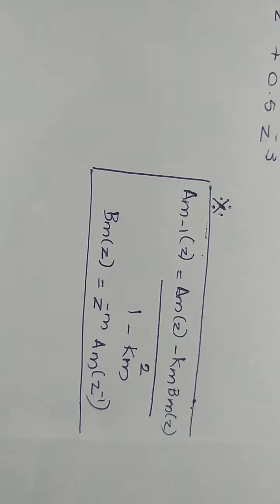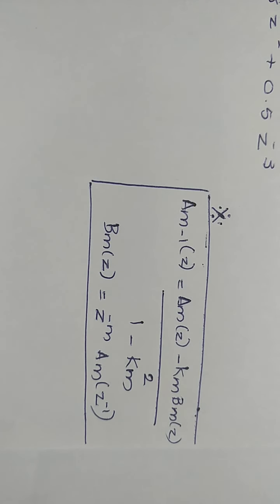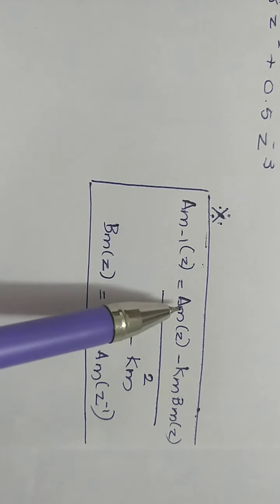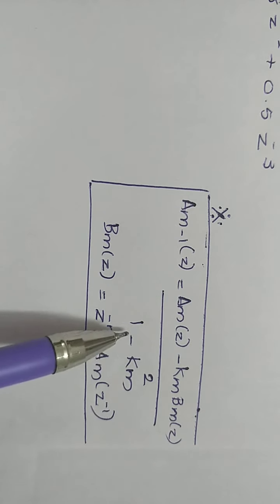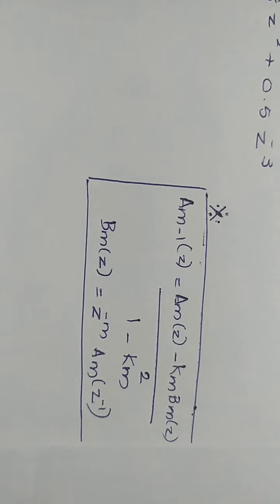In the last video I discussed the major equations, that is Am minus 1 of z is equal to Am of z minus Km Bm of z by 1 minus Km square. This is the equation for finding out the Am minus 1 of z term.